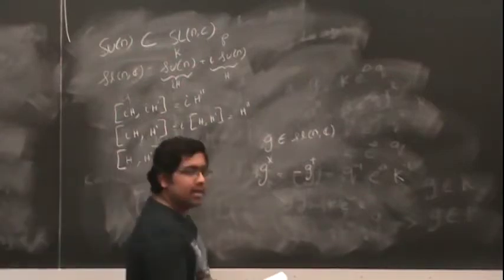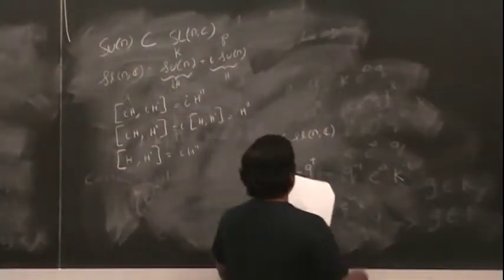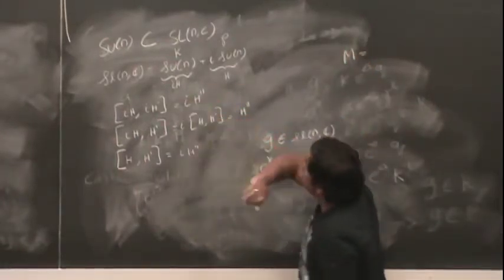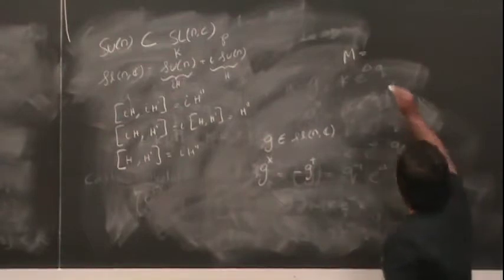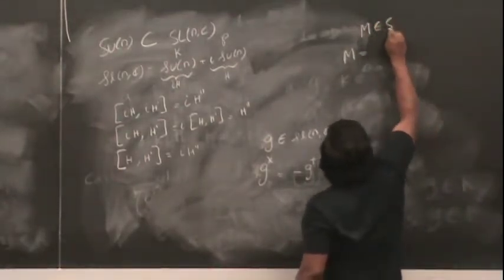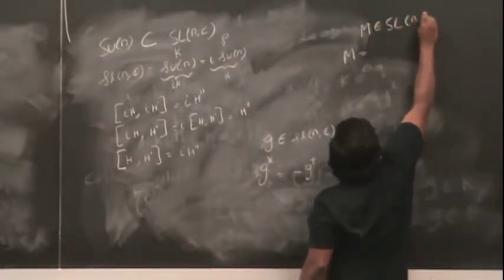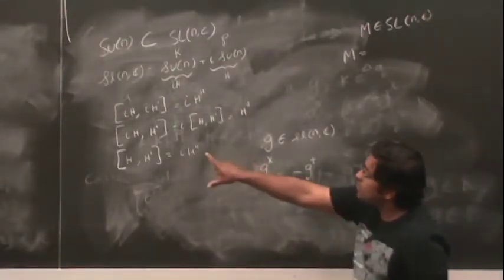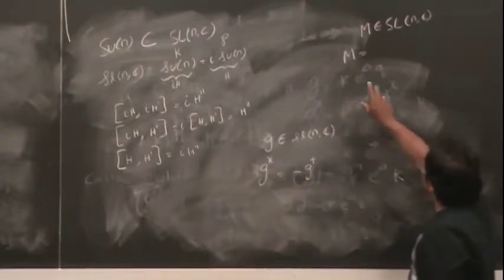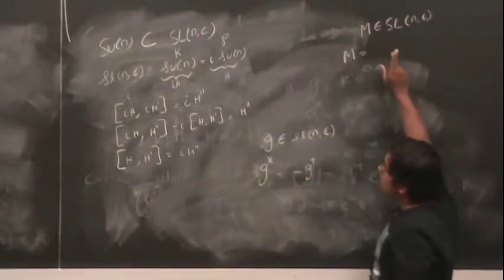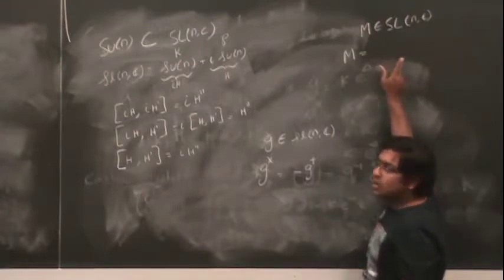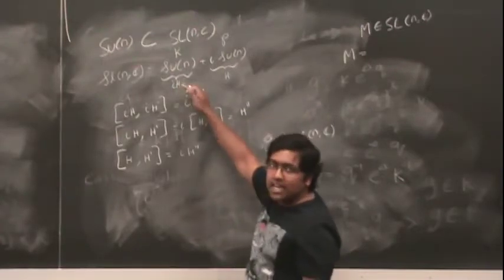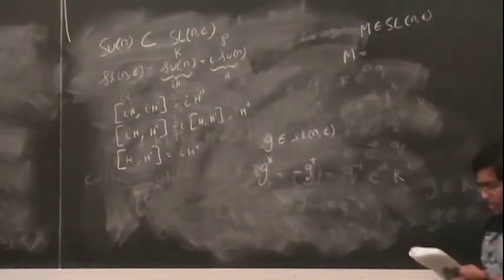The K decomposition in this case would tell you that any matrix M in SL(N,C) can be written as K e to the delta Q. In this case K is generated by the anti-Hermitian matrices, which is the unitary group.